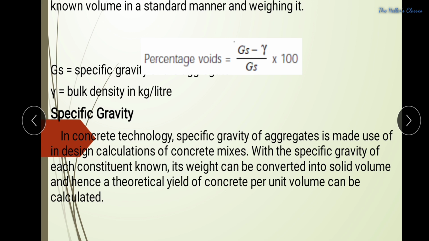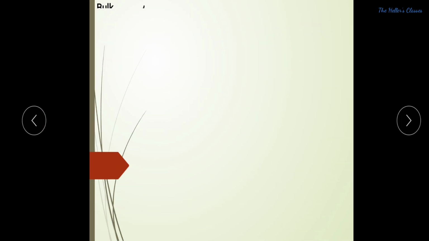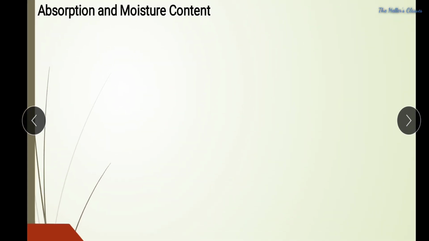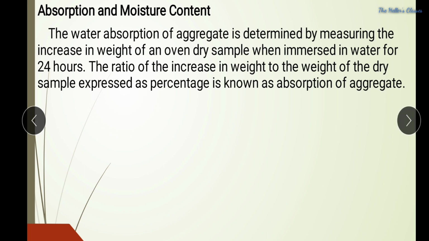And how we can calculate this specific gravity will be continued in the testing of aggregates. Next one is absorption and moisture content. If the aggregates absorb a maximum amount of water, then it has a maximum amount of porous nature in it.